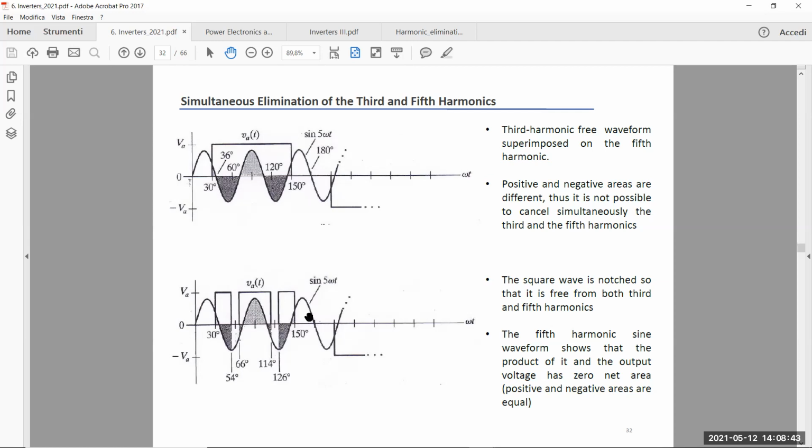And extrapolating this discussion further, eliminating more harmonics, I come back to something very similar to pulse width modulation, in which you have some notches in the output voltage due to the pulse width modulation given by the comparison between the control voltage and the triangular wave. So this is what happens when extrapolating the discussion for eliminating many harmonics.